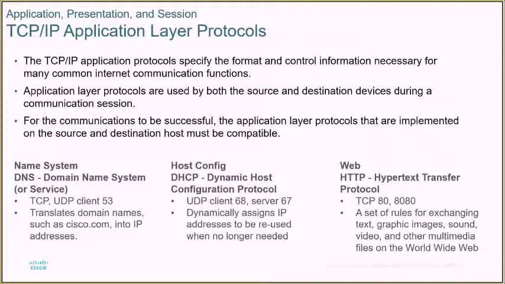When it comes to DNS, it uses both TCP and UDP, and it uses port 53. TCP is only used for zone transfers between servers that share the DNS duties, while UDP is used by client request and response messages. The point of it is to translate domain names such as Cisco.com into IP addresses, which the computer can use.